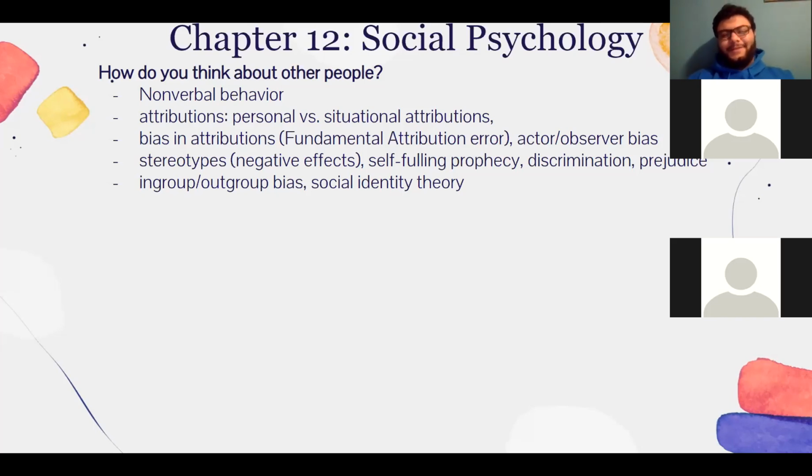Okay, so the fundamental attribution error is basically misattributing a person's actions that might be situational based on their personality. So even though someone might have had extreme circumstance where they couldn't study for an exam, you're saying that they failed the exam because they don't know how to study or they're not smart enough or something like that.